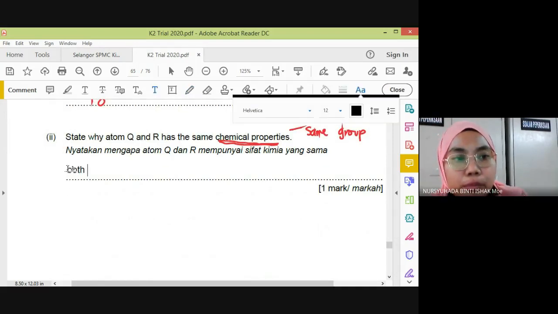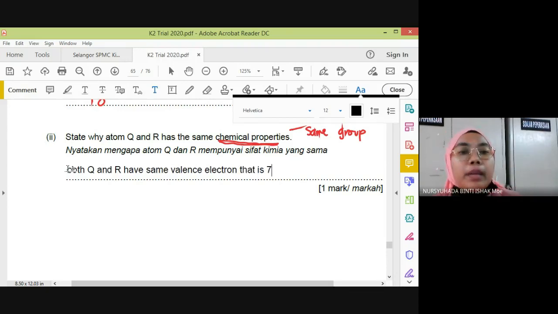Okay, both Q and R have same valence electron, that is 7. Ini jawapan yang paling tepat kalau ditanya why Q and R have same chemical properties, because both have same valence electron, that is 7.